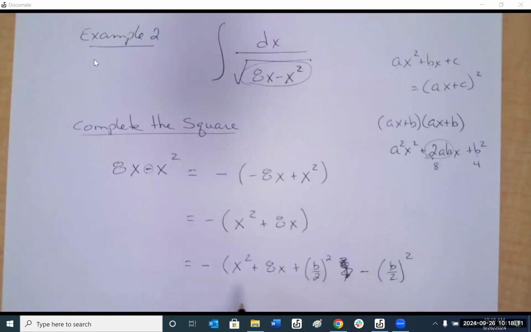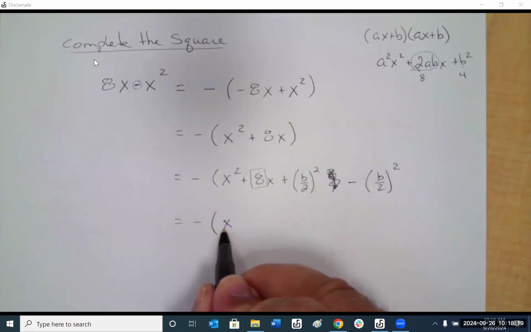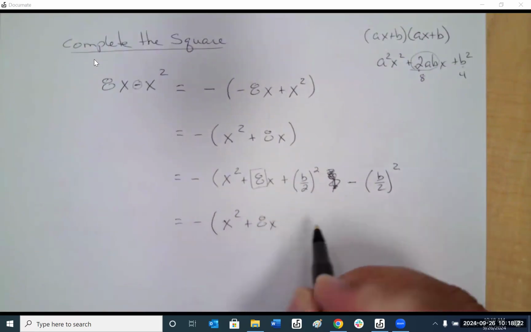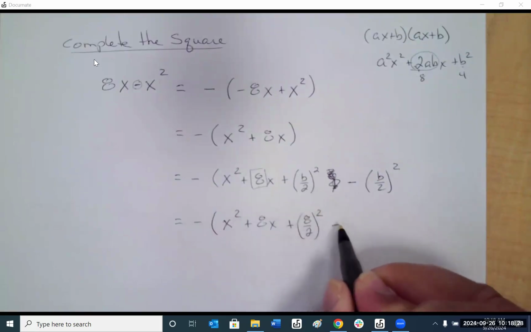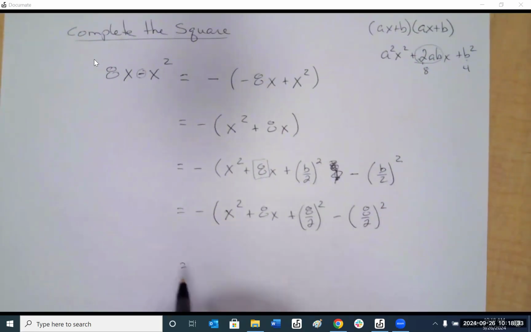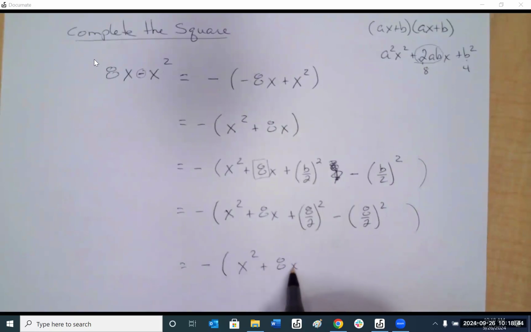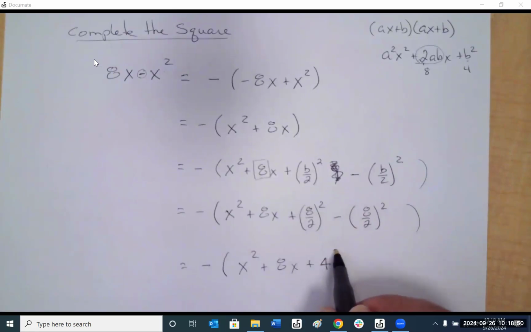So what is b? b is what's in front of x. It's 8. So we have x squared plus 8x plus 8/2 squared minus 8/2 squared. Now, only do what's inside the parentheses.